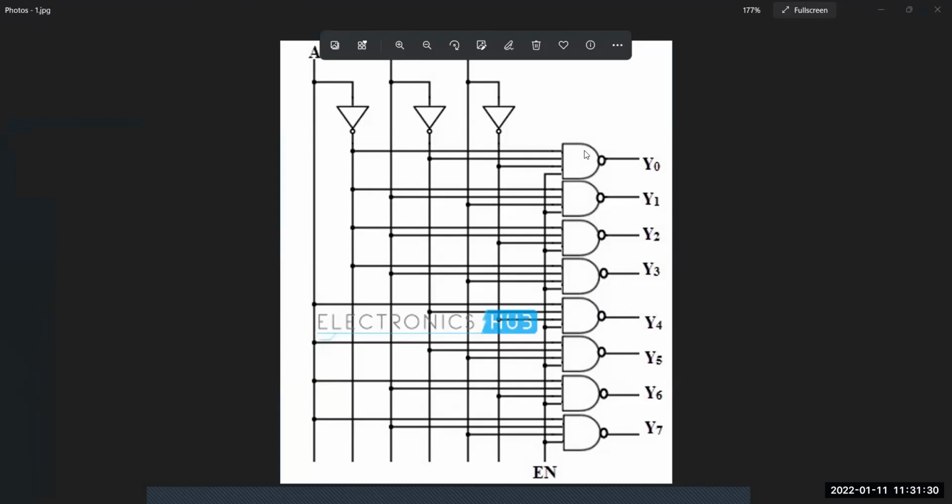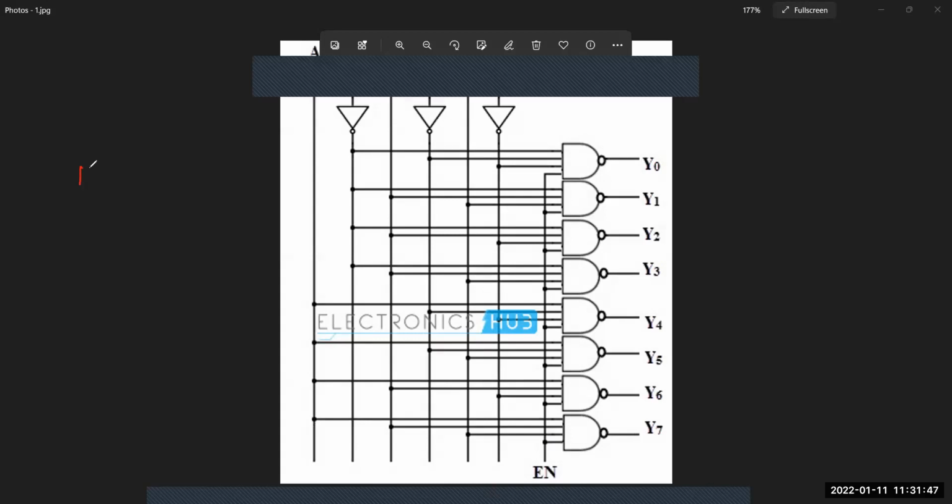If you remember the truth table for the 3:8 decoder, suppose for example that ABC equals 0 1 0.